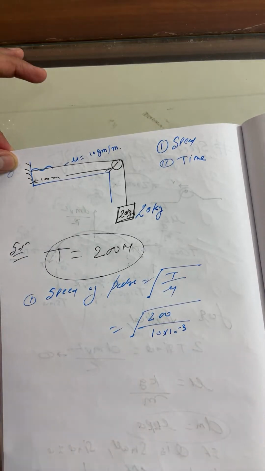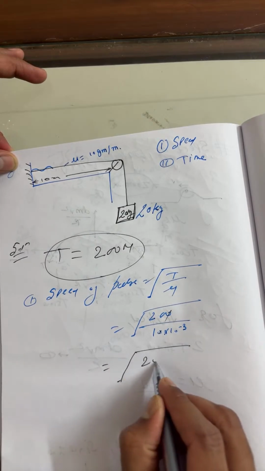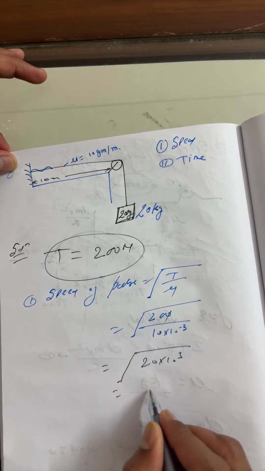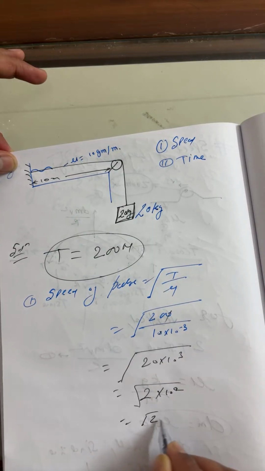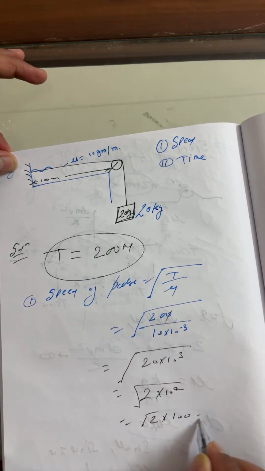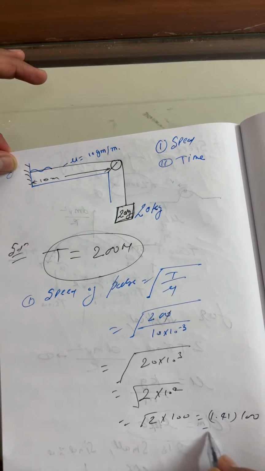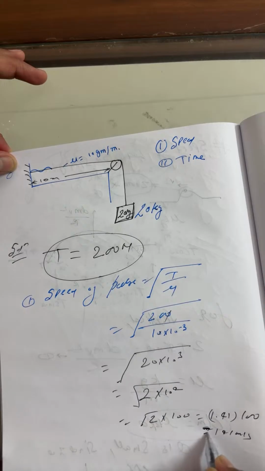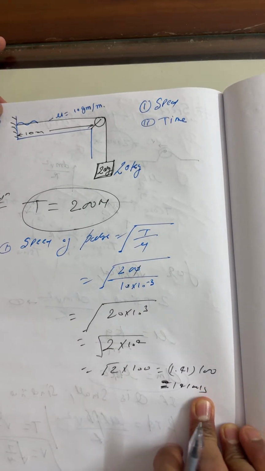The 10 to the power 3 goes up, so we get 2 into 10 to the power 4. So root of 2 into 100, that is 1.41 into 100, so 141 meter per second. This is the answer of the question.